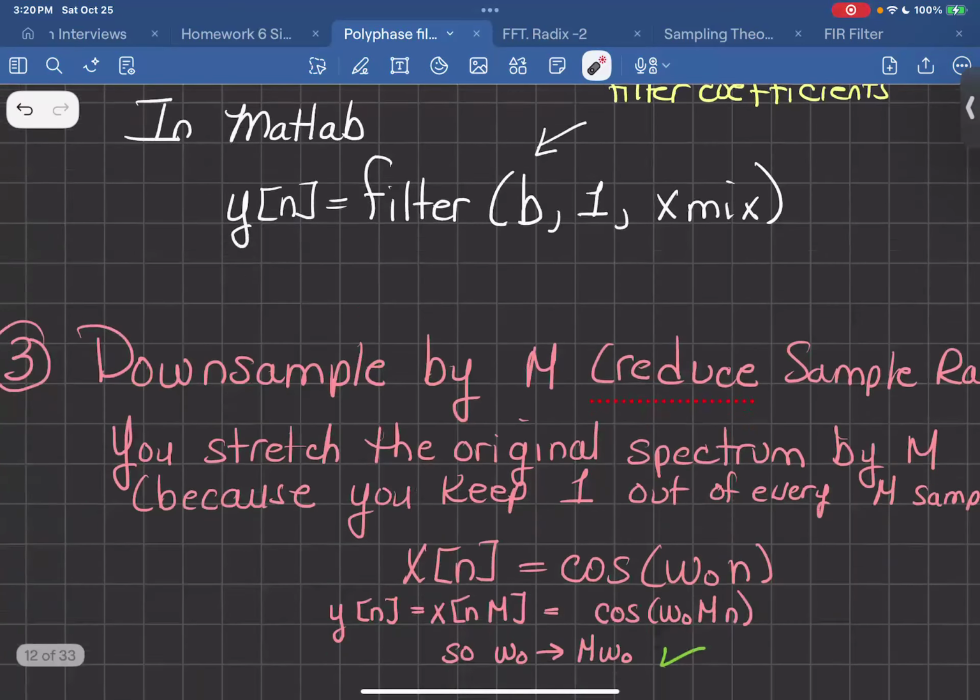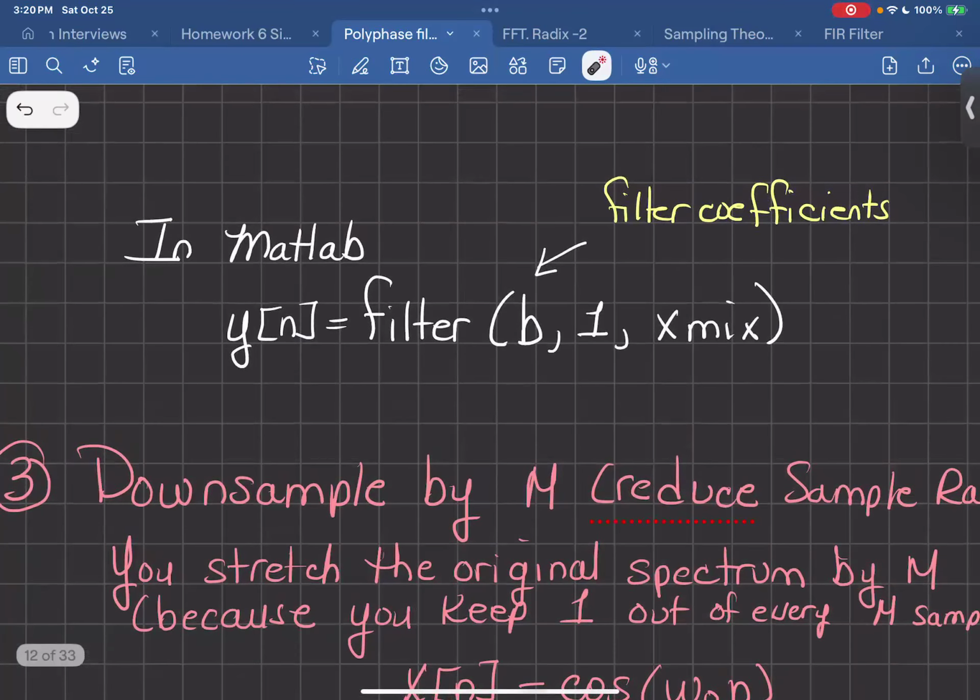So what do we need to do here? In MATLAB, y of n equals filter of B, and you put a 1 here because it's an FIR filter, and then what you are filtering, which is our X mix. That's how you get your y of n.